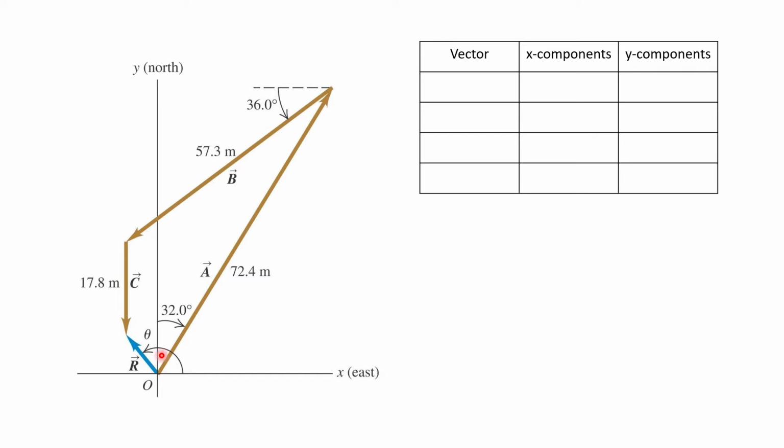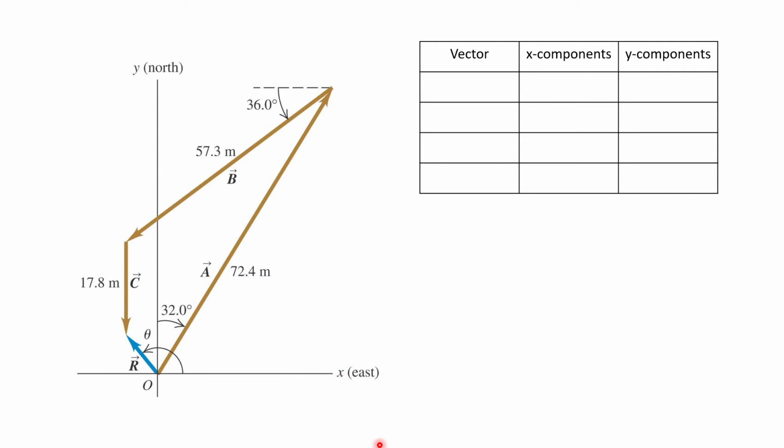Okay, so in order to win, since you know already that you just need to find the resultant vector, or the resultant displacement, so that your life will be easier, we wanted to know what this vector R is. Now let us solve this using the component method.